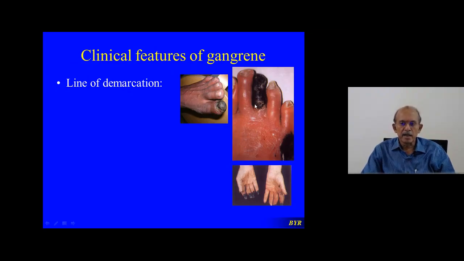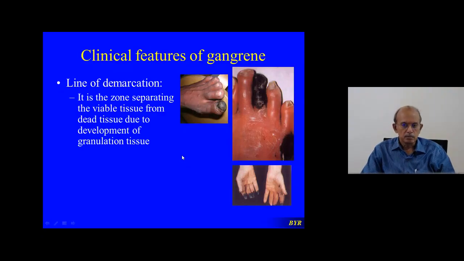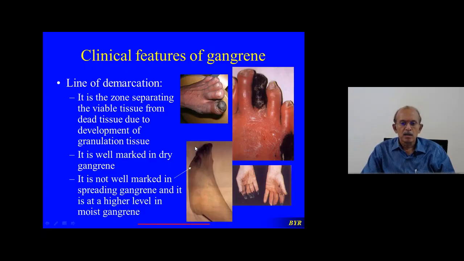You can see here the line of demarcation. Similarly here, the zone separating the viable tissue from the dead tissue due to development of granulation tissue. It is well marked in dry gangrene. It is not well marked in spreading gangrene, and it is at a higher level in moist gangrene.